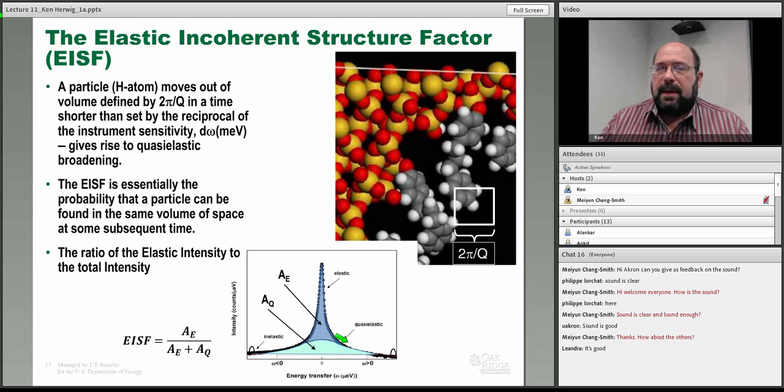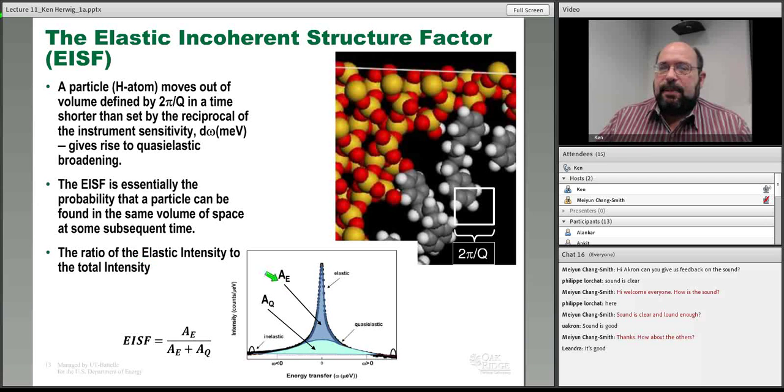Okay? And the elastic component in the middle is just going to be the probability that you find it back in that box. Right? So that's a little bit of a difficult concept, but you will see it used in the literature quite a bit, and so it's an important one to grasp.